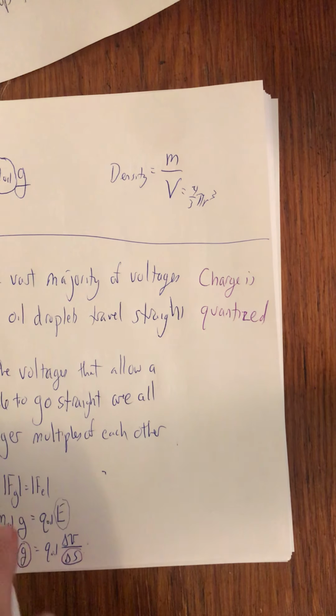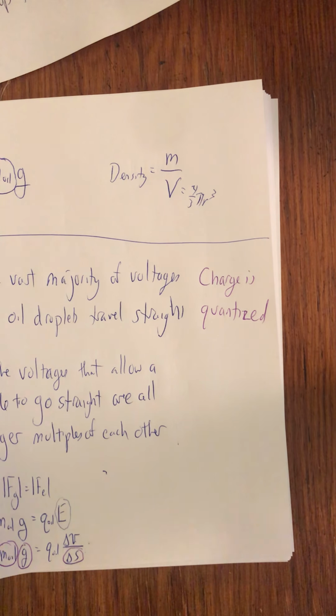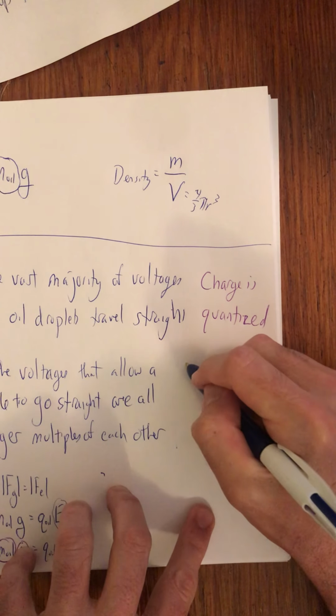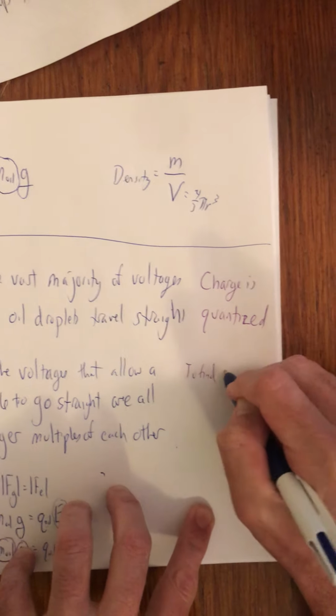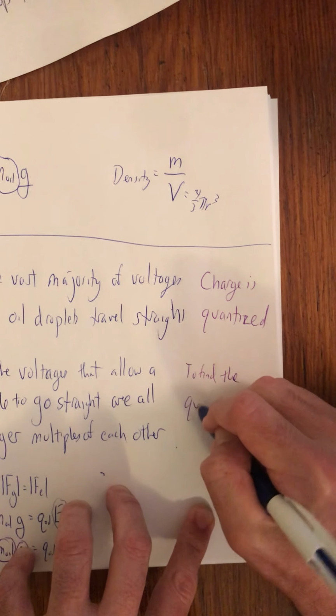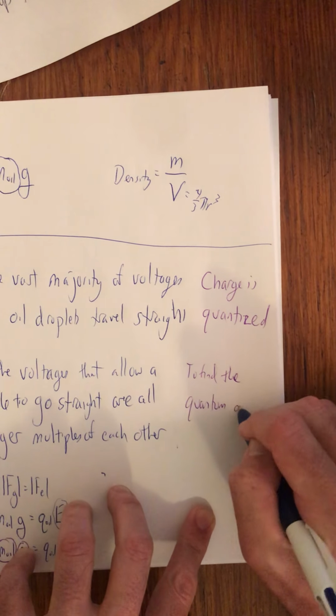And the fact that all the voltages are integer multiples of each other meant that there had to be some lowest amount that all of these voltages were a multiple of. Millikan finds that voltage, and finds that for all voltages below that value, nothing ever goes straight. So he's able to find what he called the quantum of charge.